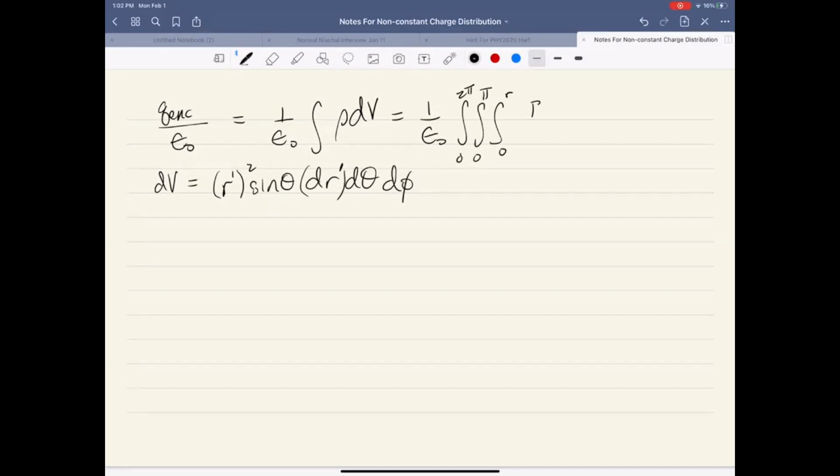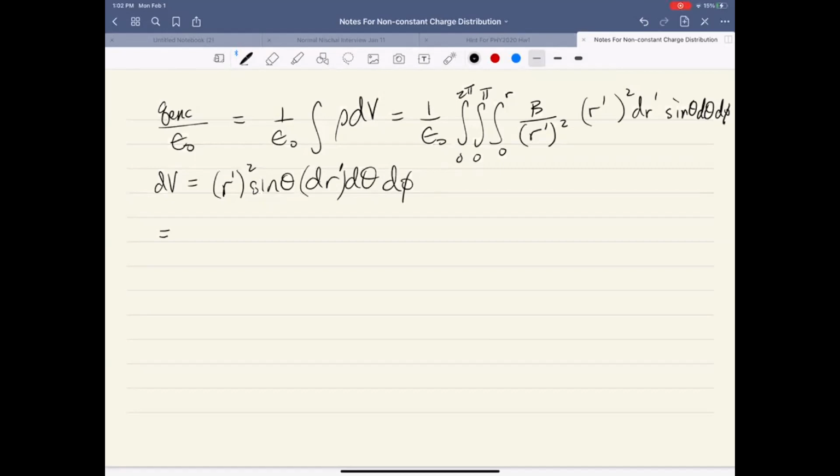So rho is b over r prime squared, and my dV is r prime squared dr prime sine theta d theta d phi. D phi's on the outside, with the 0 to 2 pi limit. I'm still integrating over 0 to 2 pi d phi and 0 to pi for sine theta d theta. Like I said, I'm not going to repeat that.